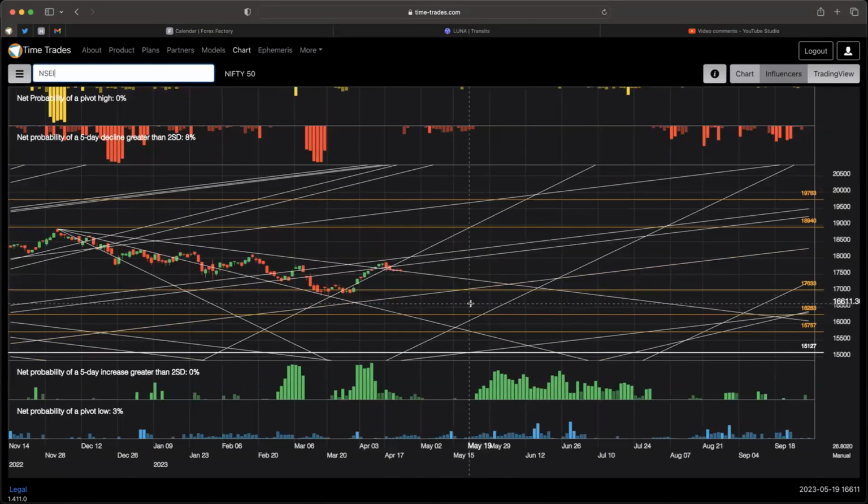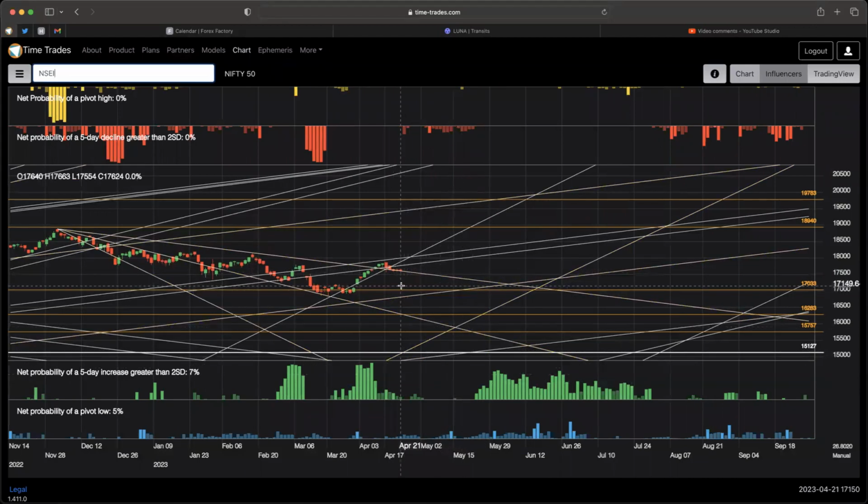So this is one of the things that I think in general is super powerful with time trades, is that it can show you when there's probabilities of not much movement, which is super interesting if you're an option seller, because now you can take advantage of some of the volatility events. You can sell some calls or sell some strangles and pocket the premium because of the low probability of big moves either way.